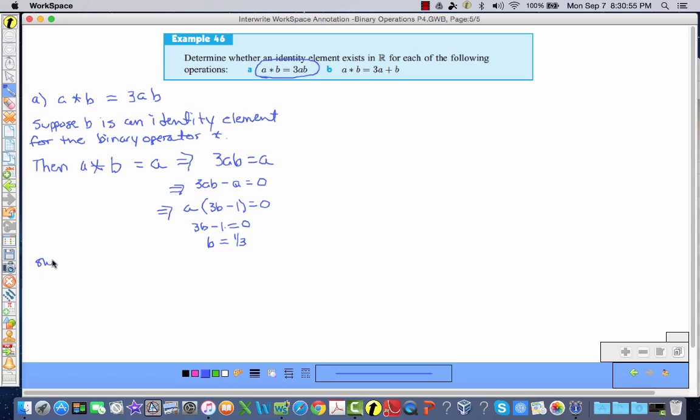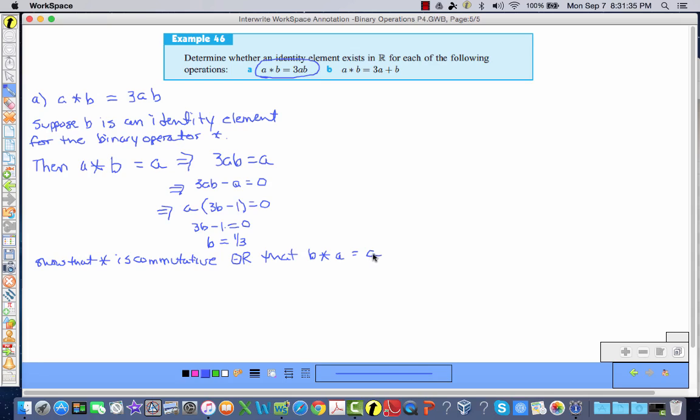We can show that the binary operation is commutative, or, and we're going to do the or this time, show that B star A is equal to A. That's really commutativity, but it says A star B and B star A are both equal to A. In other words, A still retains its identity if we use the commutative property there.